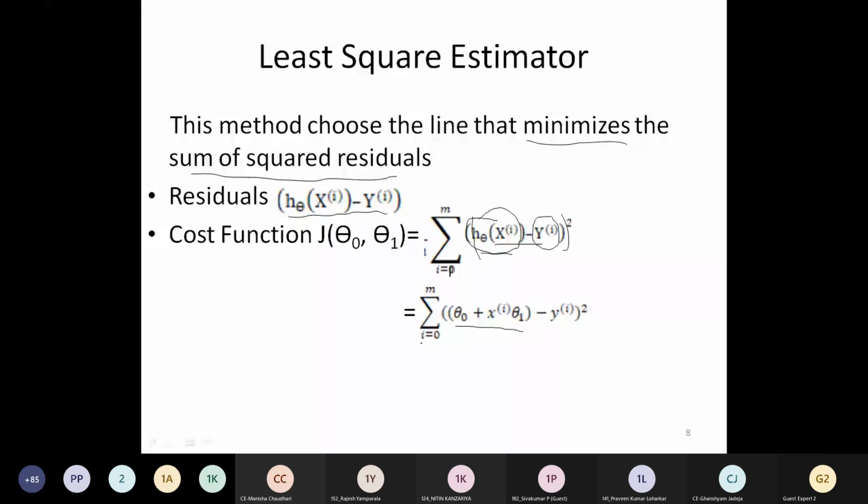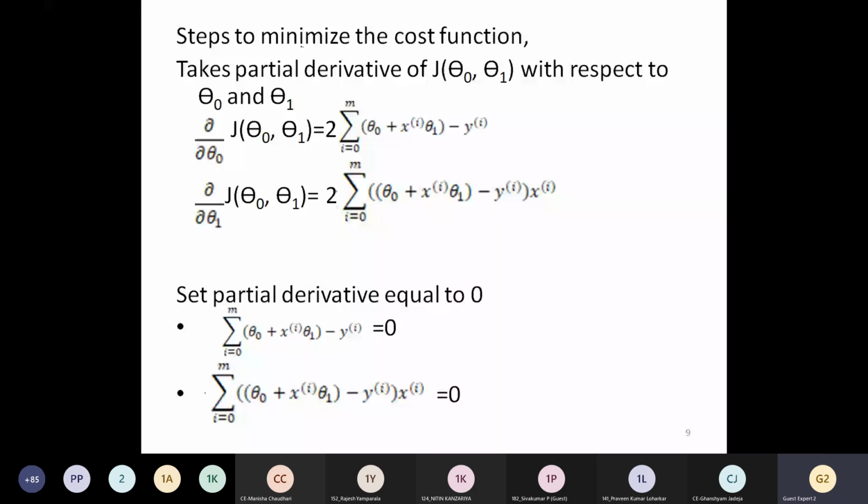Okay, now we want to minimize the cost function. So for minimizing the cost function, we are using an optimization technique, in which we have to take the partial derivative of this cost function with respect to theta 0 and theta 1. So the first is the partial derivative of this cost function with respect to theta 0.